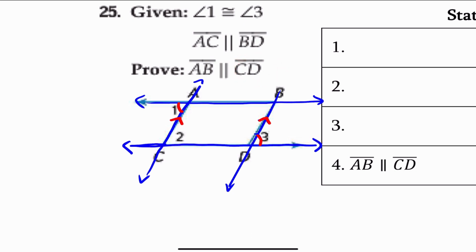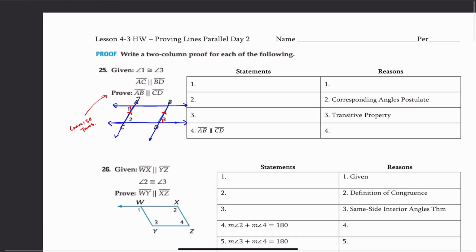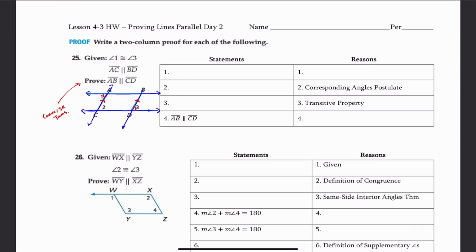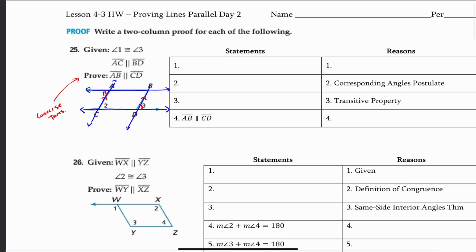So you're definitely going to have to use one of the converse theorems to get there. So just make sure that you mark, and then you're going to pay attention to some certain things, okay, in order for you to do the proofs.